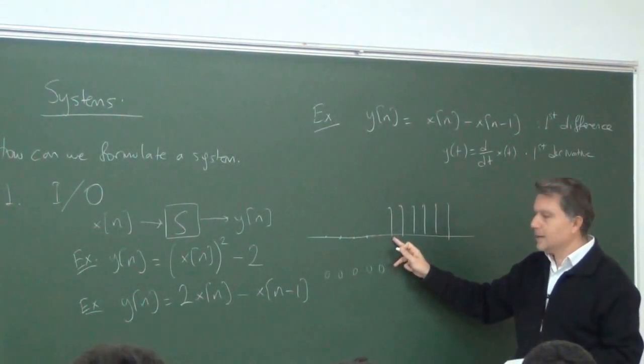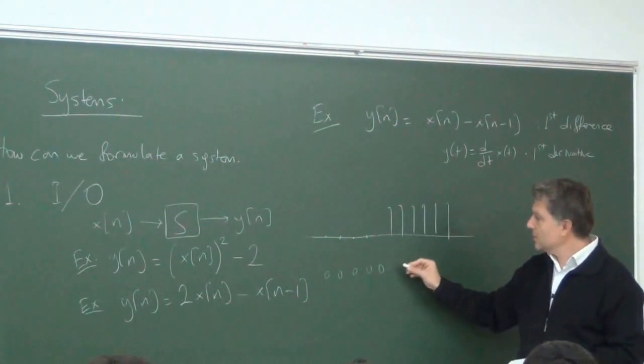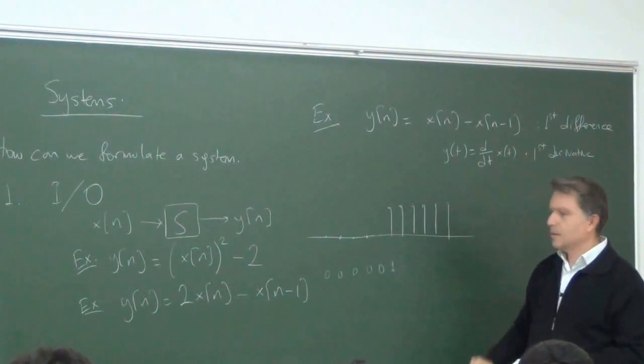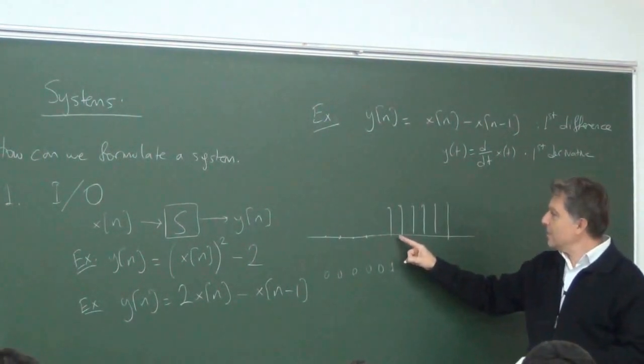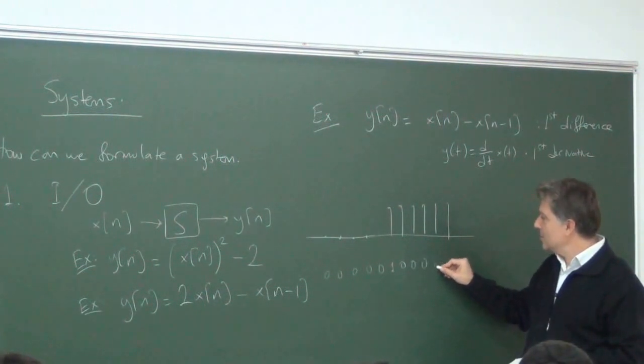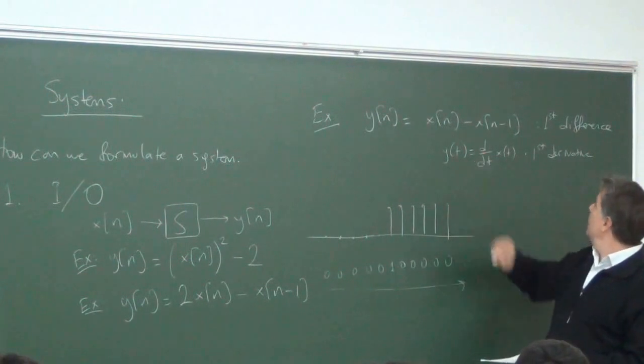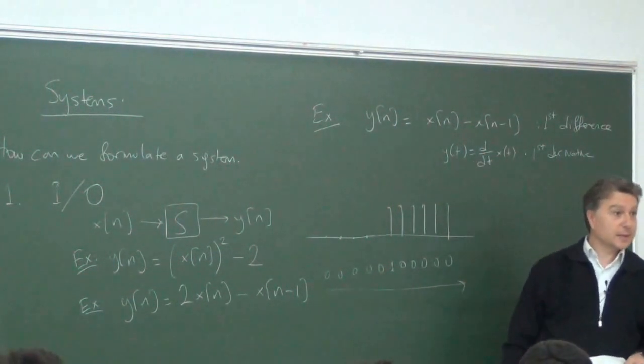And suddenly here, at this point, x of n minus x of n minus 1 is, I don't know, some number, let's say 1. And then it is again 0, 0, 0, 0. It goes on like this. So this is the sequence that you generate as the first difference system that you have.